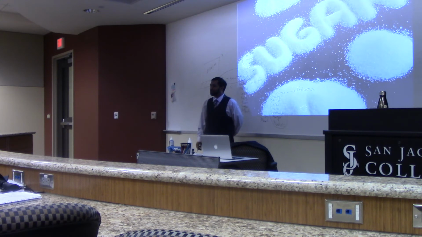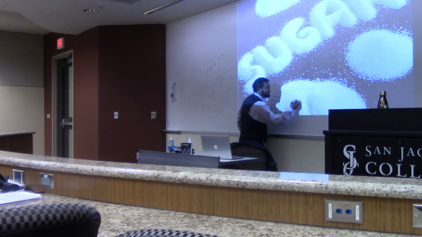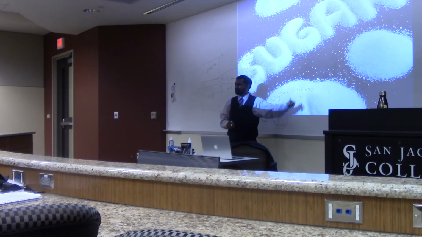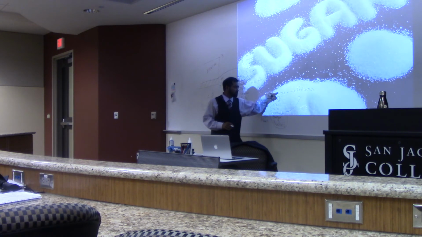Look at the list. All of them are carbohydrates, and all carbohydrates convert to the same glucose as sugar does. Tell me, what is the difference between sugar and carbohydrate? No difference. Yes, you're right.